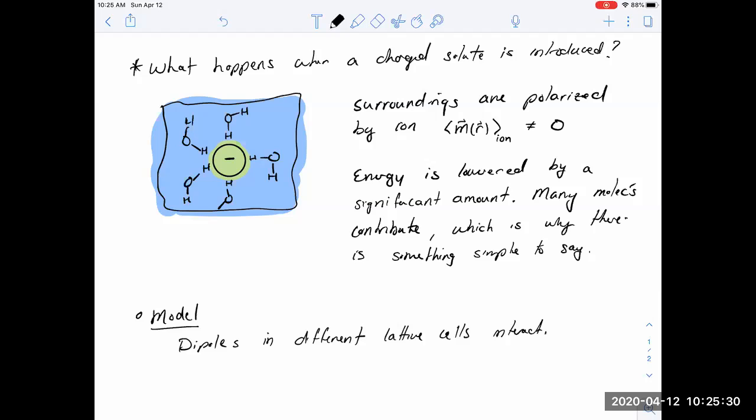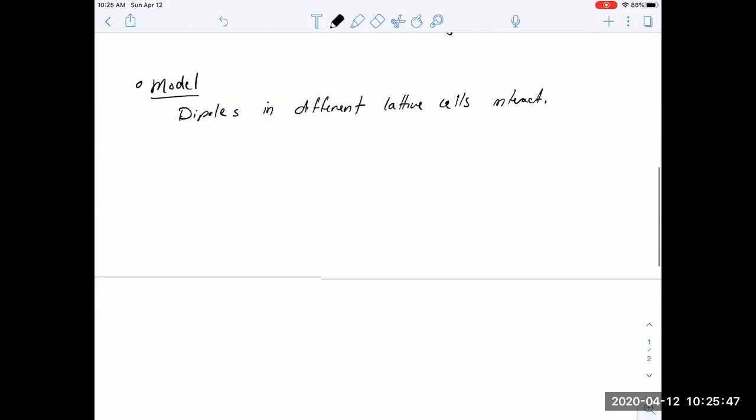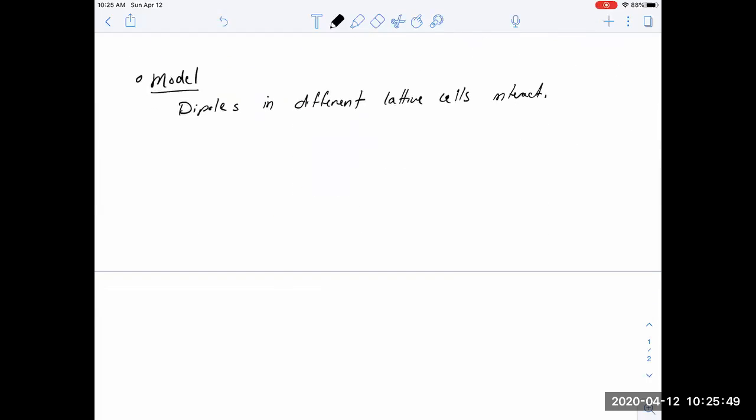And so I'll need part of my energy function that says how likely I am to see specific configurations of that lattice. Part of that will need to account for the fact that those dipoles in different lattice cells interact, but we know how dipoles interact. That was something we wrote down last lecture.